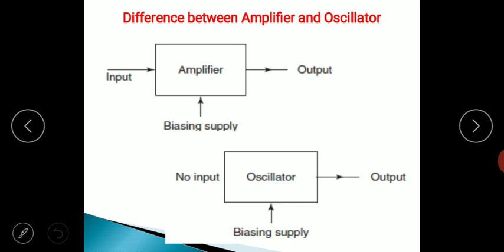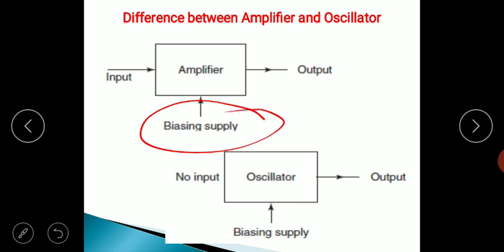Some other amplifiers which are constructed using transistors may need only a single power supply like VCC, which we normally connect to the collector of the transistor. So biasing DC voltages are a must for the amplifier, either single supply or dual power supply. This is called the biasing supply.